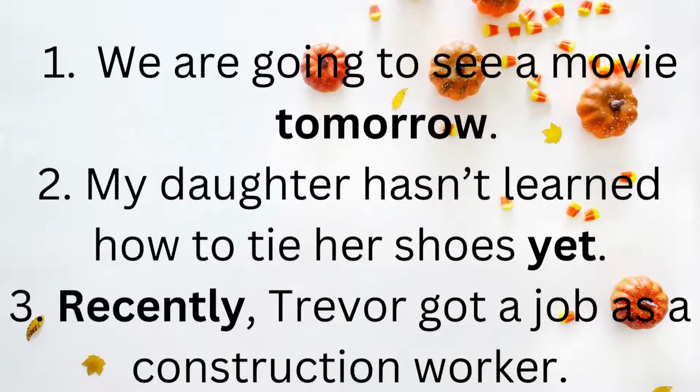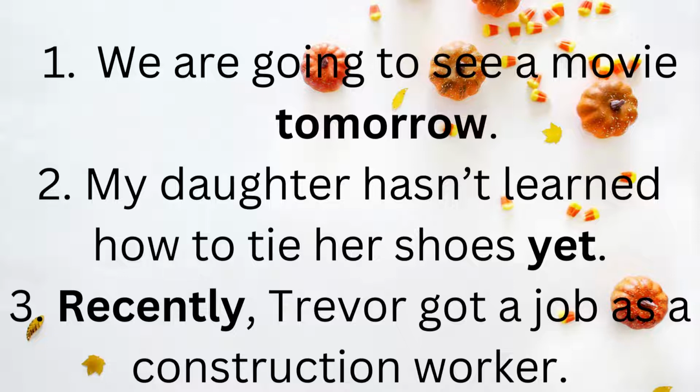Now, the examples in sentences. We are going to see a movie tomorrow. In this sentence, tomorrow tells us the time when we are going to see a movie. We are going tomorrow. So tomorrow is an adverb of time. Now, the second example is: my daughter has not learned how to tie her shoes yet.